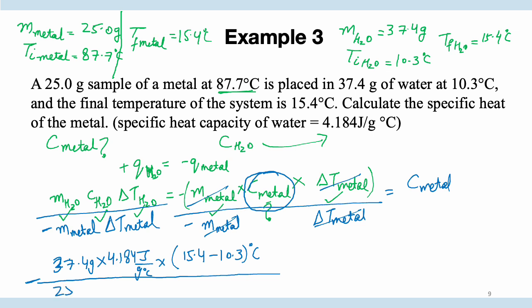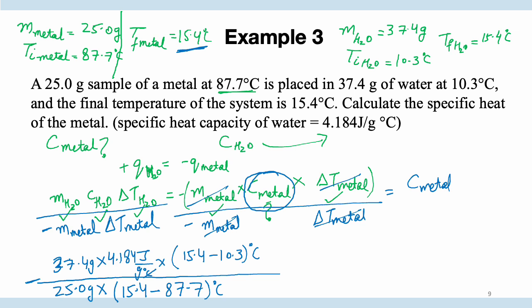Mass of metal 25.0 grams. Delta T of metal, final temperature of metal is 15.4. Remember that. So it would be 15.4 minus 87.7, not reverse. It's always final minus initial. Now you just plug it all into the calculator and solve for it.